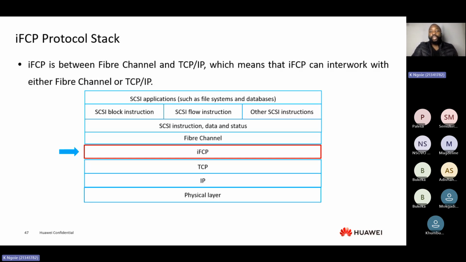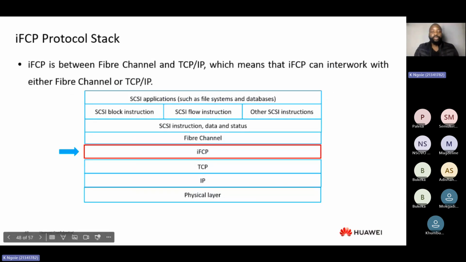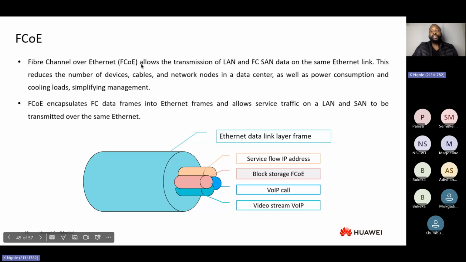So we're going to have Fibre Channel. We can also have what we call Fibre Channel over the Internet, which is another method that can be used. Then there is Fibre Channel over Ethernet.